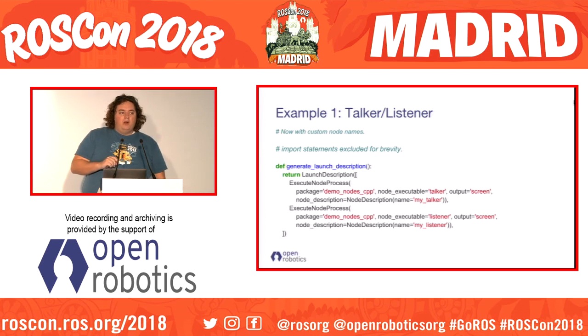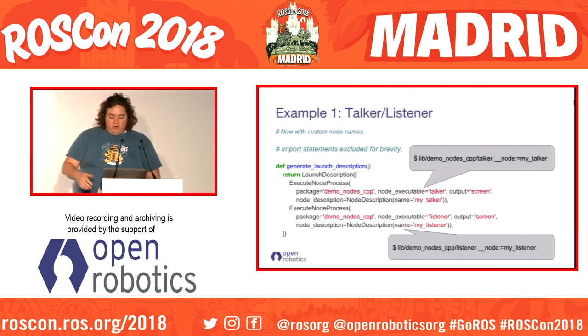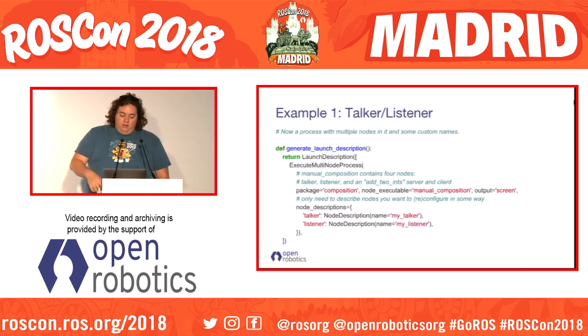This is what I was talking about regarding providing launch the understanding between processes and nodes. Here we're running two processes, and in each of them there is a node, and I want to change the name of it. So I'm going to change the names to my talker and my listener, and what that ends up doing is it runs those programs again, but this time it passes arguments to them to affect the node name for the nodes within them.